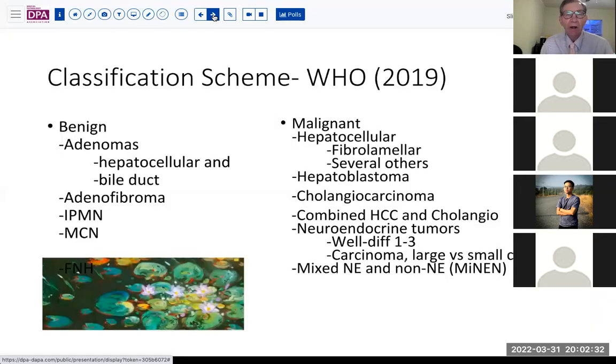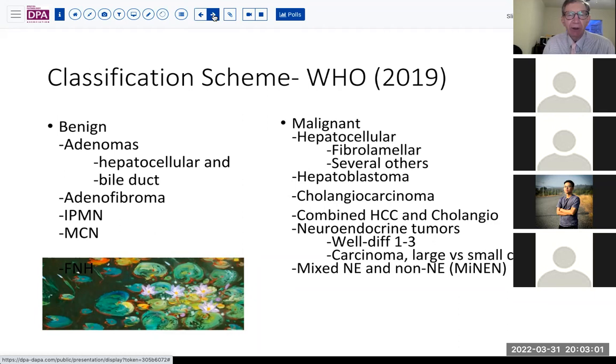Okay, so in terms of the WHO classification, I imagine that most of you use this classification in your work. We have a number of benign tumors, the adenomas, hepatocellular adenomas, bile duct adenomas, and so forth. There are rare adenofibromas that we can encounter.